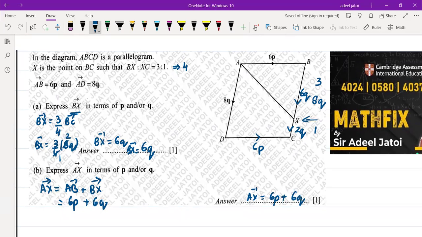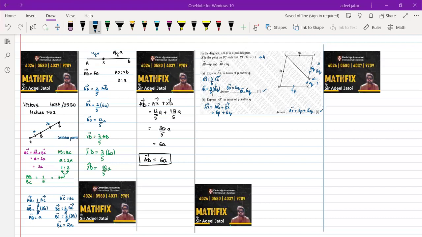And this is a 2 mark question: 1 mark for the ratio, 1 mark for the normal vector line. Normally the question comes through the ratio when the examiner would test you for the line magnitude. If the examiner wants you to divide the line into two different parts, they'll always divide it through the ratio. So this technique of ratio is very important because normally in all the questions this is being tested.